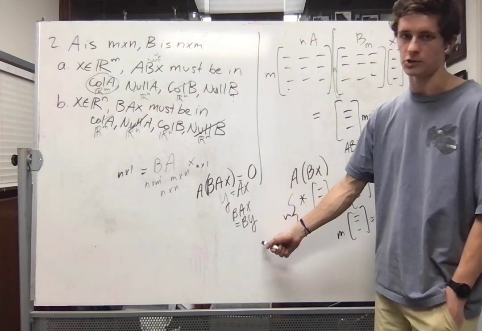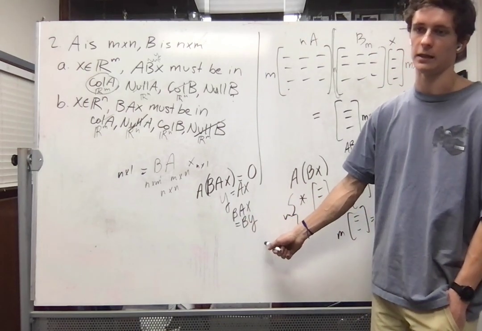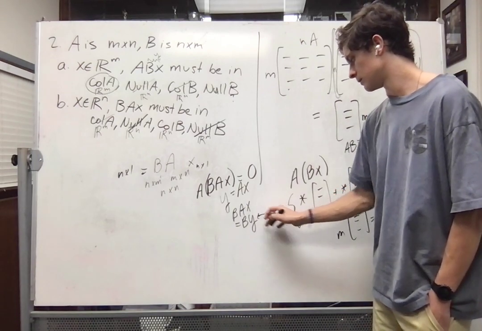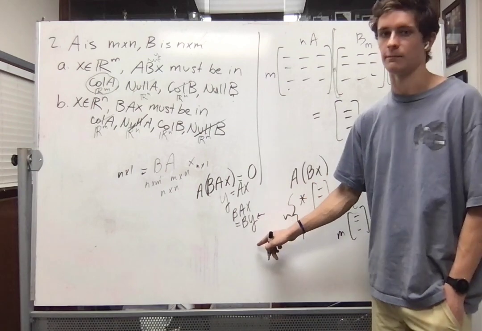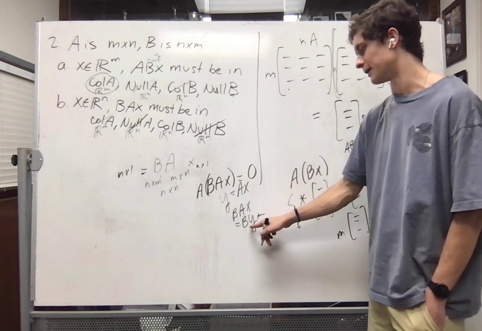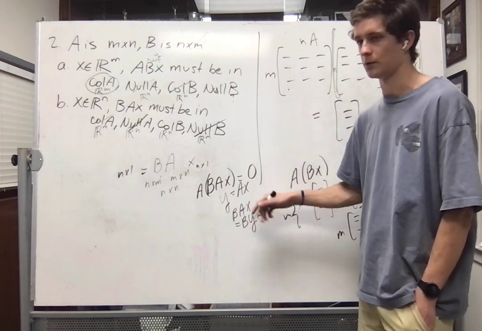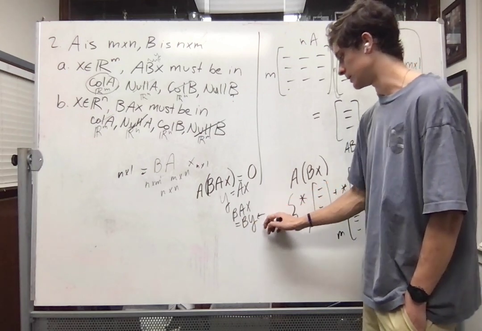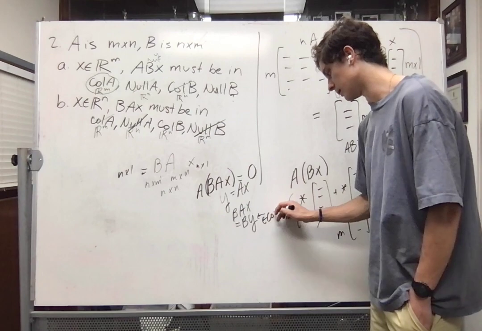But By you should recognize as being a linear combination. This By is some vector, but how do we get that vector? It's the entries in Y becoming weights for the columns in B. So this is certainly in col B.